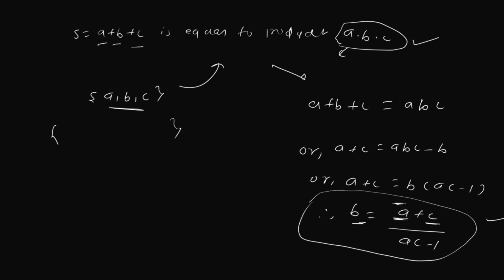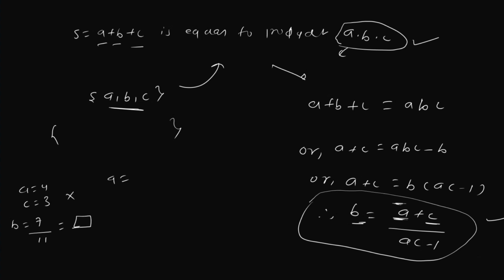And remember, we have to find integers, not decimal numbers. So if we let a equals 4 and c equals 3, what value will we get? 4 plus 3 is 7 upon 4 times 3 is 12, minus 1 is 11. Also we are getting a decimal point, so this is also not valid.